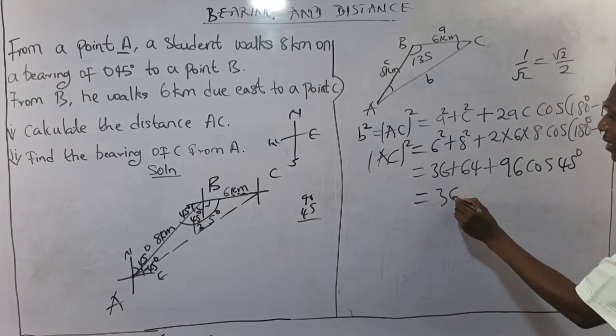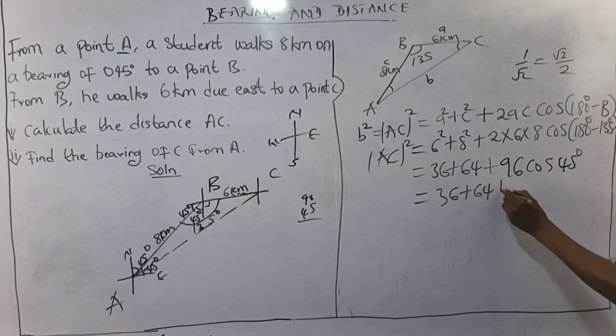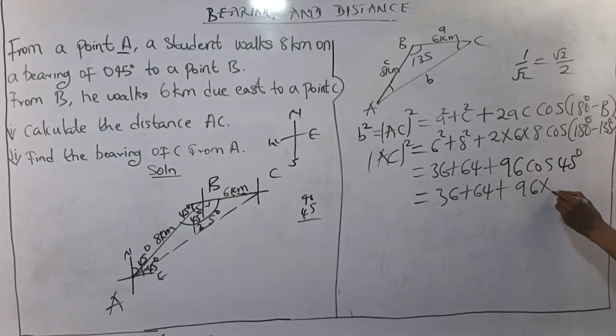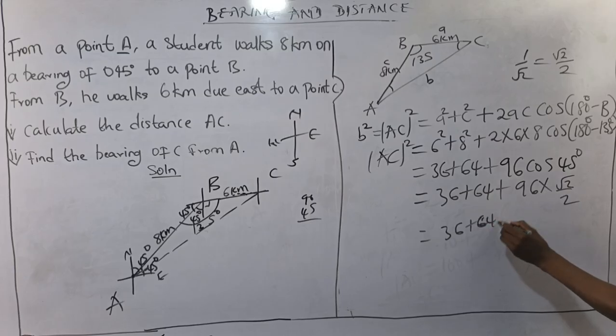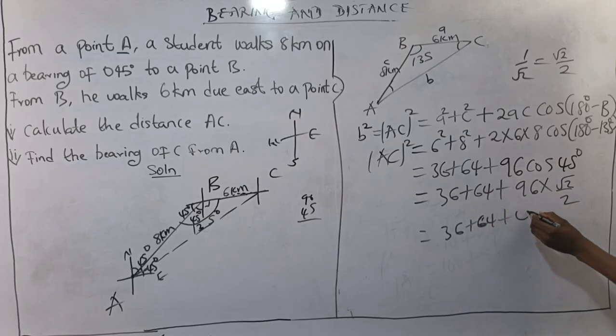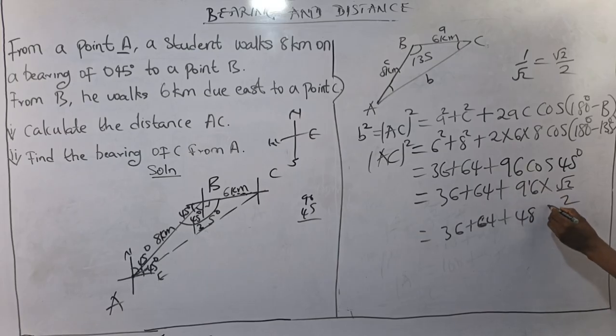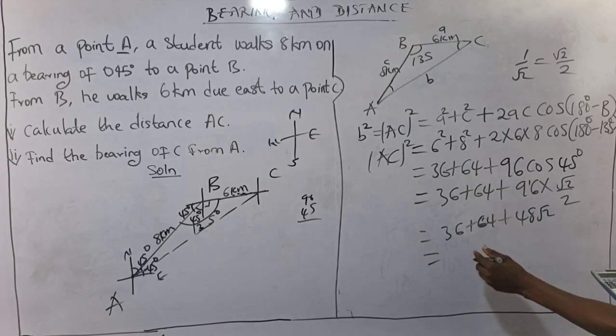So I have 36 plus 64 plus 96 times root 2 over 2. This cancels, I'll have 4, and this cancels, I'll have 8 root 2. This is already 100.